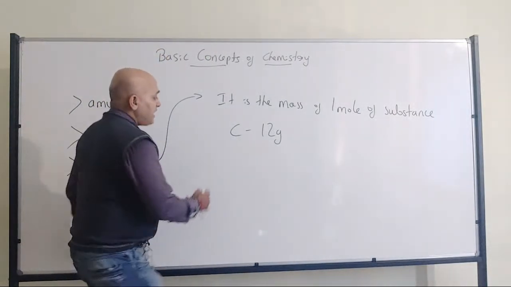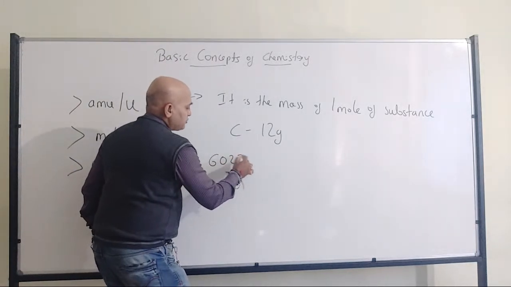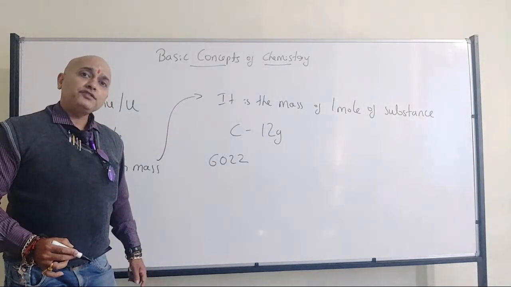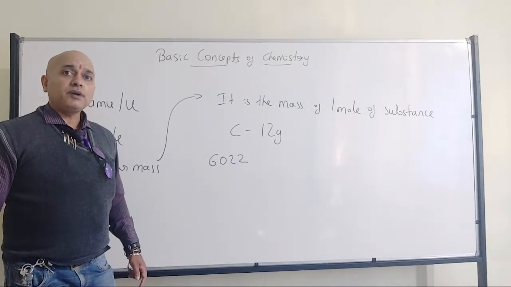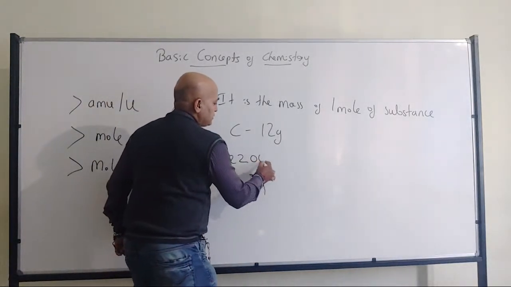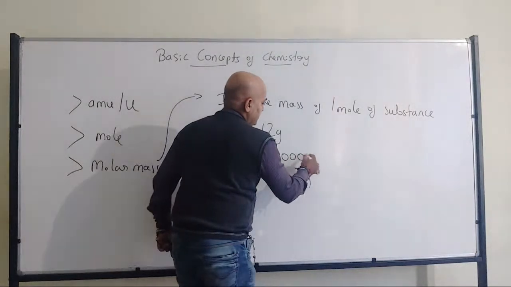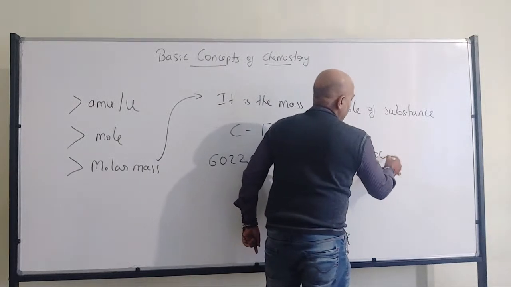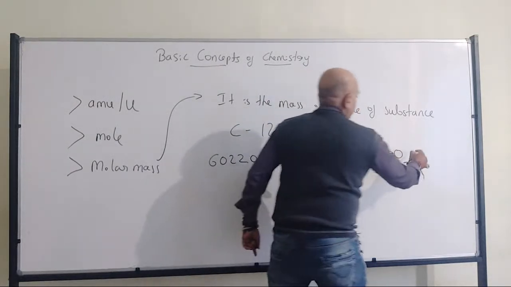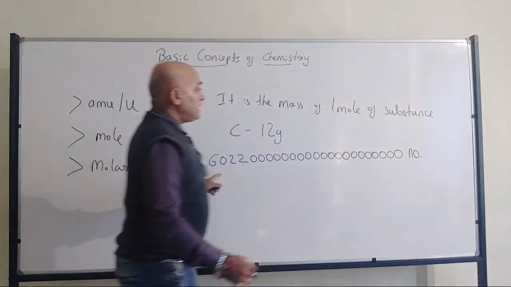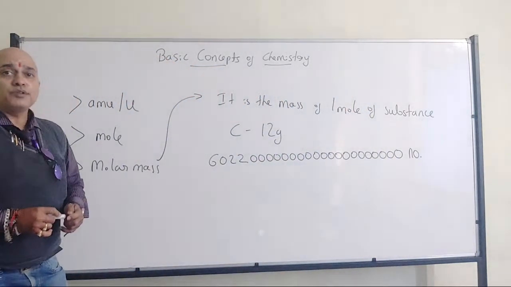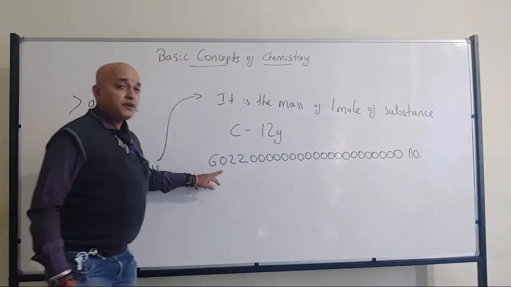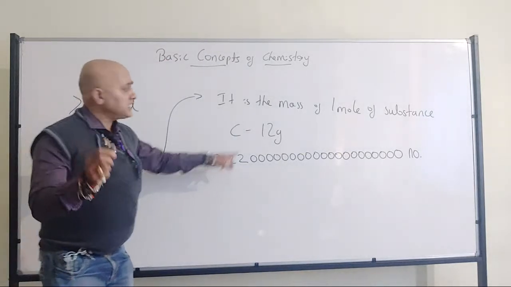So that means if I take 6.022 into 10 to the power of 23, so many carbon 12 isotopes, it will just weigh 12 gram.